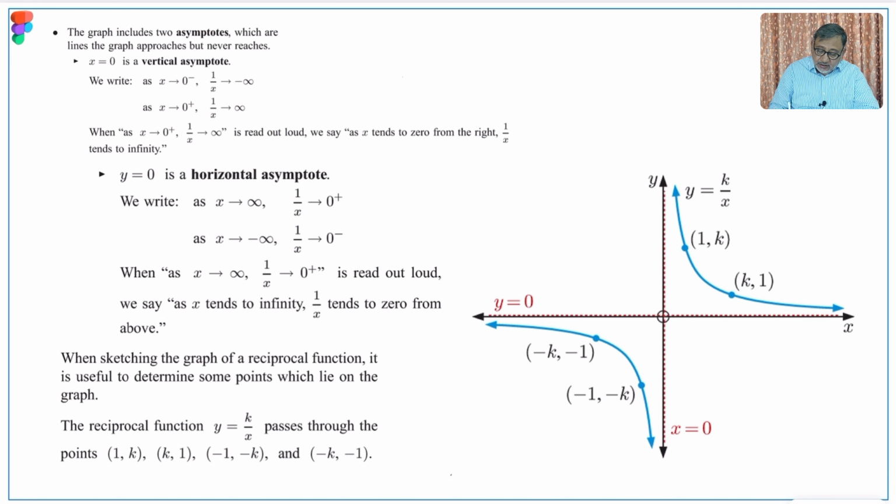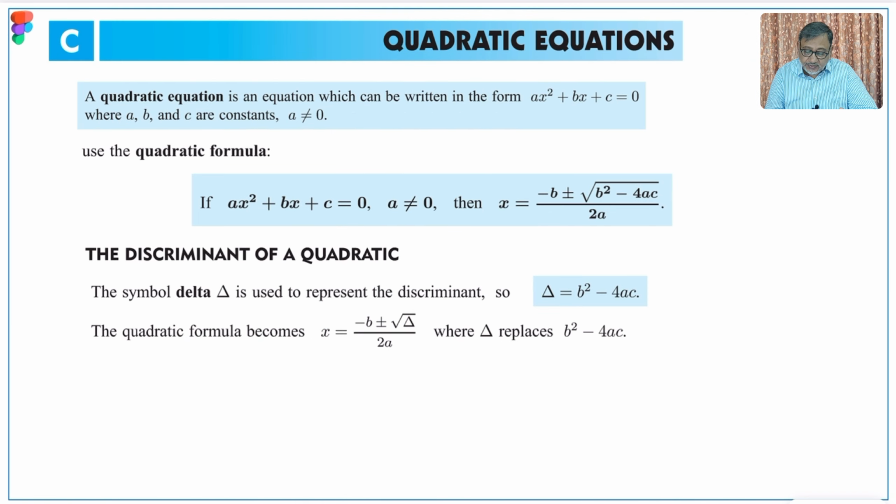And if you have any function like y is equal to k upon x, then the graph will pass through (1, k), (k, 1), (-1, -k) and (-k, -1). Whatever your value of k, it is going to pass through these points, so you should remember this.